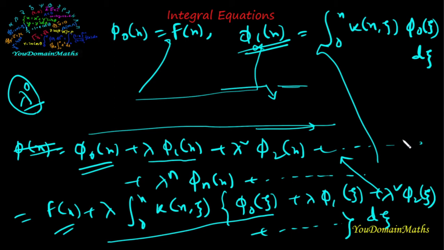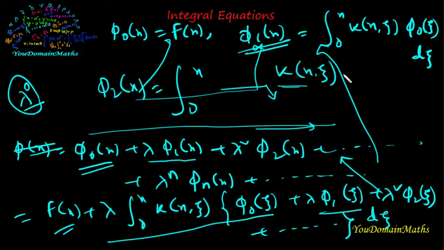Equating the coefficients, we get some relations. The next relation: phi 2 of x equals the integral from 0 to x, for the lambda square coefficient, of kernel x comma xi and phi 1 of xi d xi.